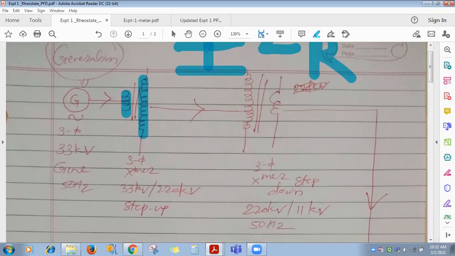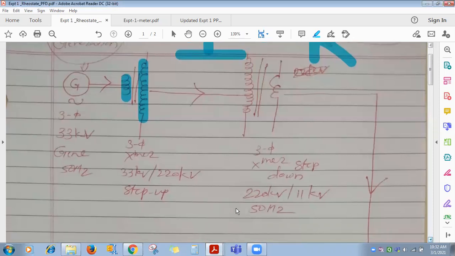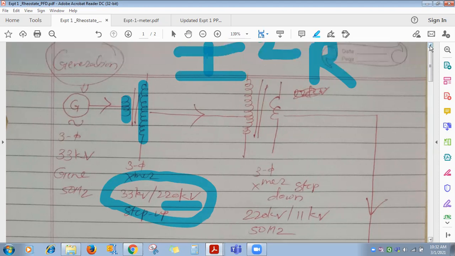Step up transformer means what? Voltage on which side will be more, primary or secondary? Secondary. Secondary side will be more, correct. So how much is it going to step up, to what voltage? 220 kV. Okay, so here you are going to use a step up transformer.